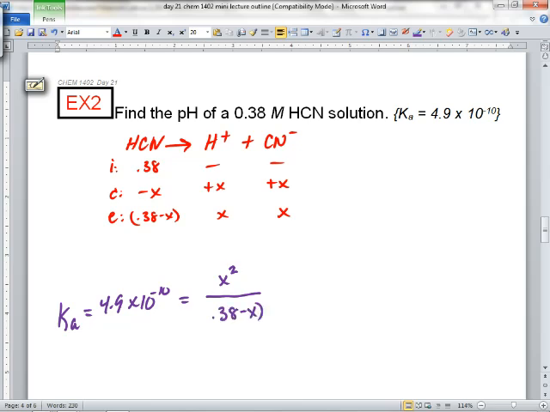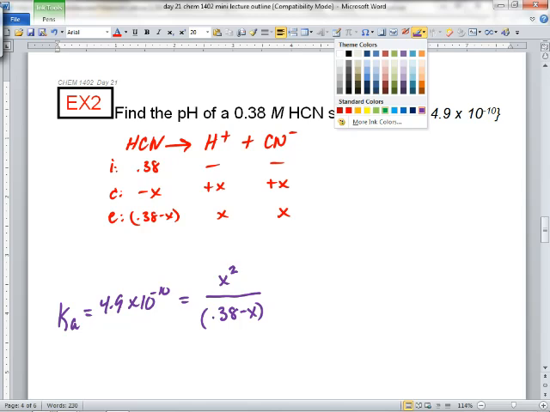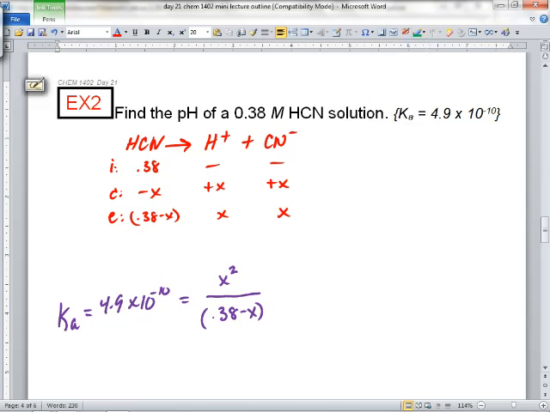Okay. Now, I want to point out the change here. And this is going to be a nice thing. Wouldn't it be nice? Let's make this in green, because it would be a nice thing to do if this could happen. If you could write this, 4.9 times 10 to the negative 10, and write an approximate or something. We're going to change it a little bit.